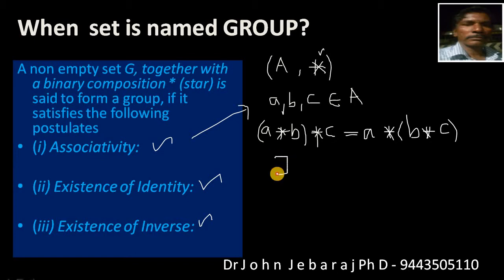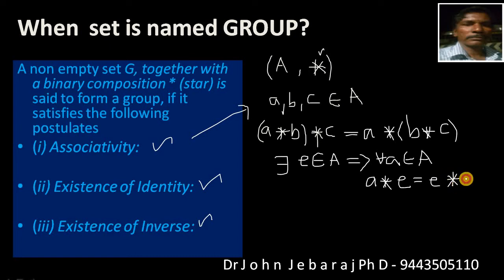There should exist a single element, which I am taking as E, and that element E should belong to A. For all A belonging to the set A, we should have A binary operation E, and E binary operation A, giving the element A.